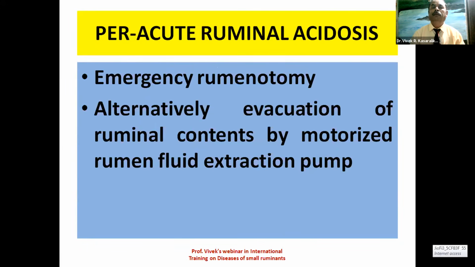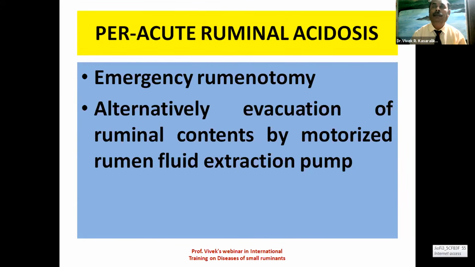First, peracute ruminal acidosis. When the case presented is in peracute form, there are 2 options. One is emergency rumenotomy. Let me tell the field veterinarians, most of the time we say that the animal is recumbent, so how to approach and how to do the rumenotomy. But we have performed it.